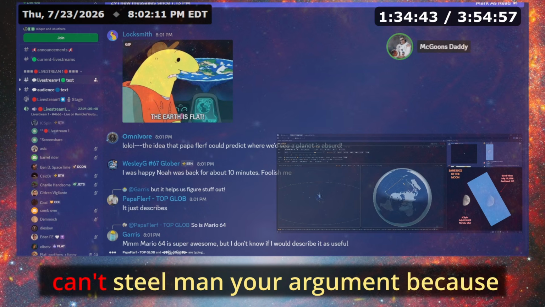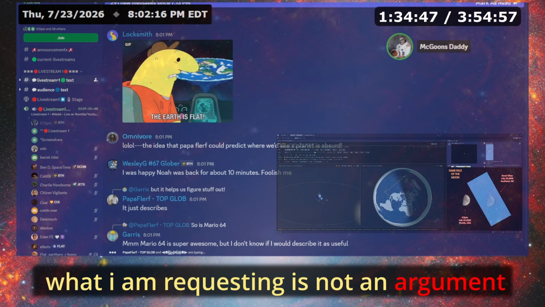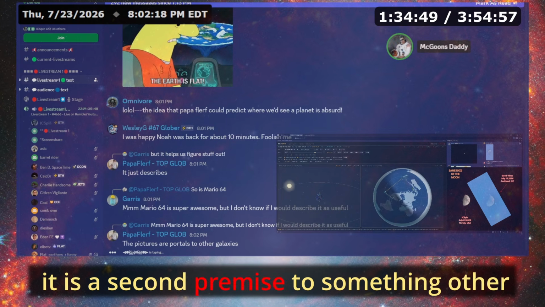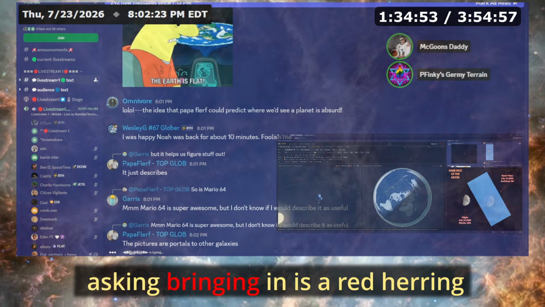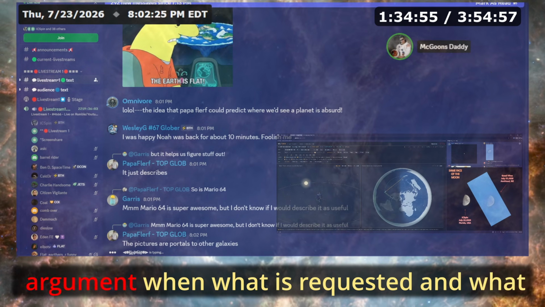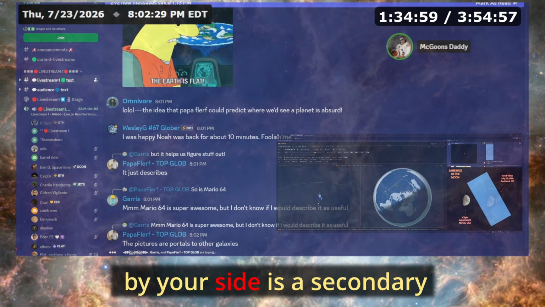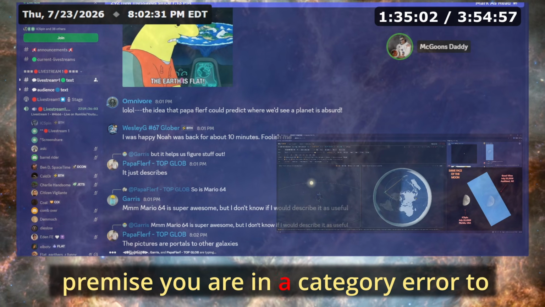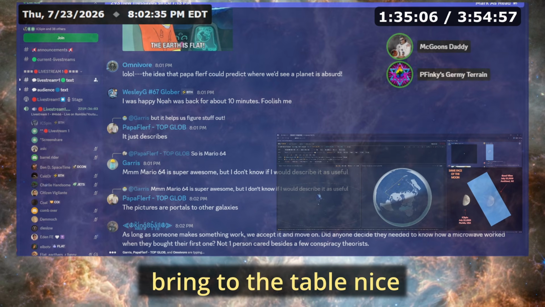Yes, I can't steelman your argument because what I am requesting is not an argument. It is a second premise to something other than what you were saying. What you are bringing in is a red herring argument when what is obliged by your side is a secondary premise. You are in a category error. Nice try.